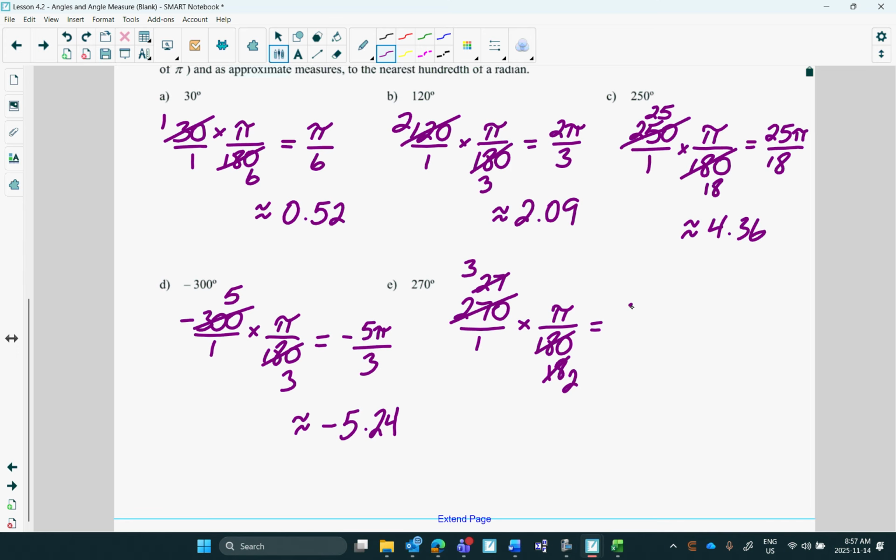So you get 3 pi over 2. That's what I mean. It's okay to reduce it a couple of times if you need to. If you found the highest, it would have been 90 in the first place. And then this one is approximately 4.71.